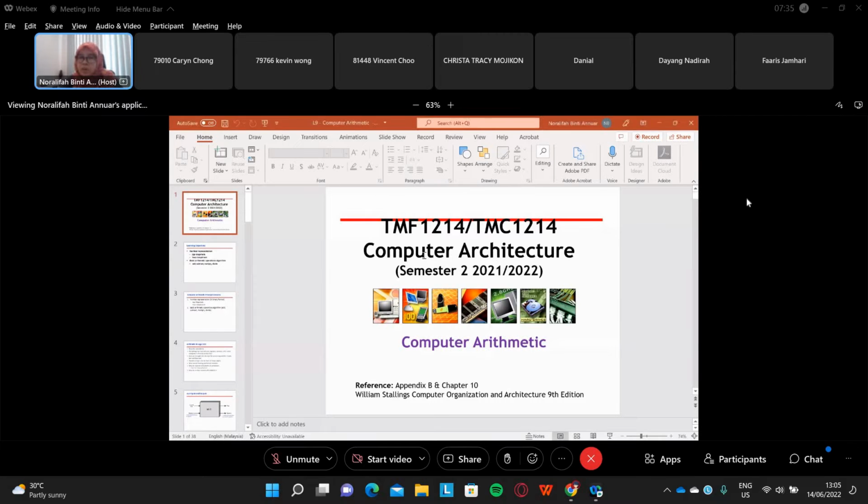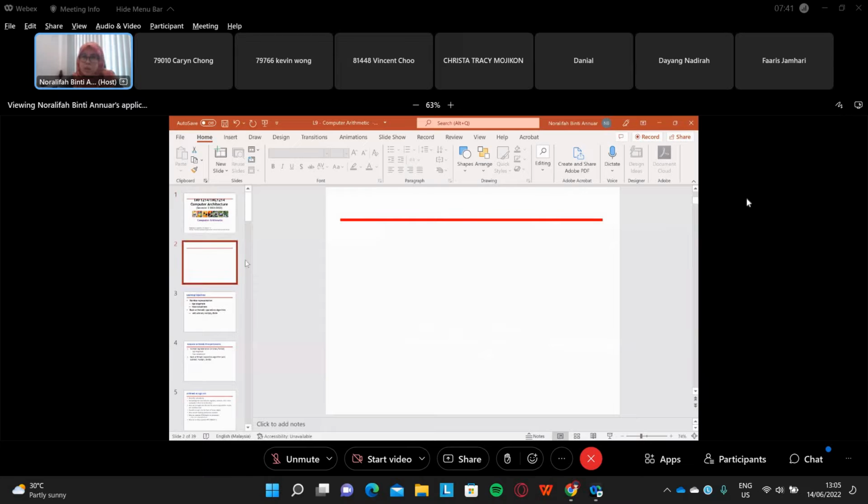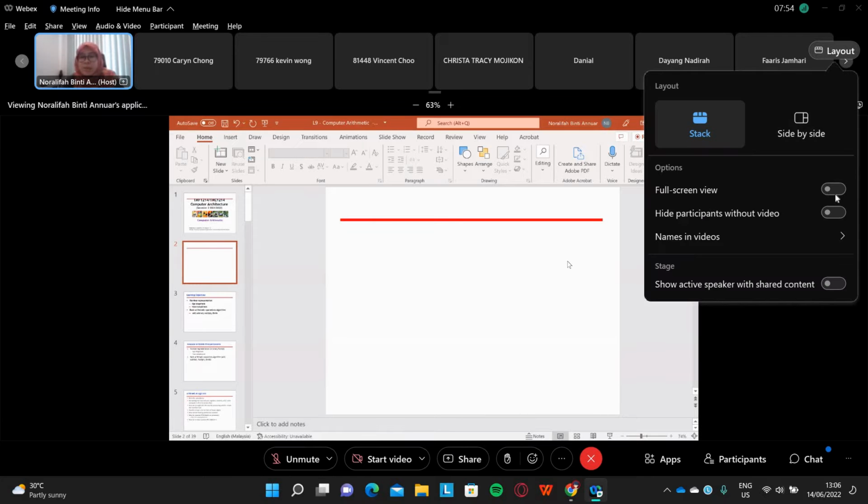Before we continue, as usual, let me do some recap with you guys. So what you have learned so far in computer architecture, firstly, is to understand what the components of your computer are, what the structure is.